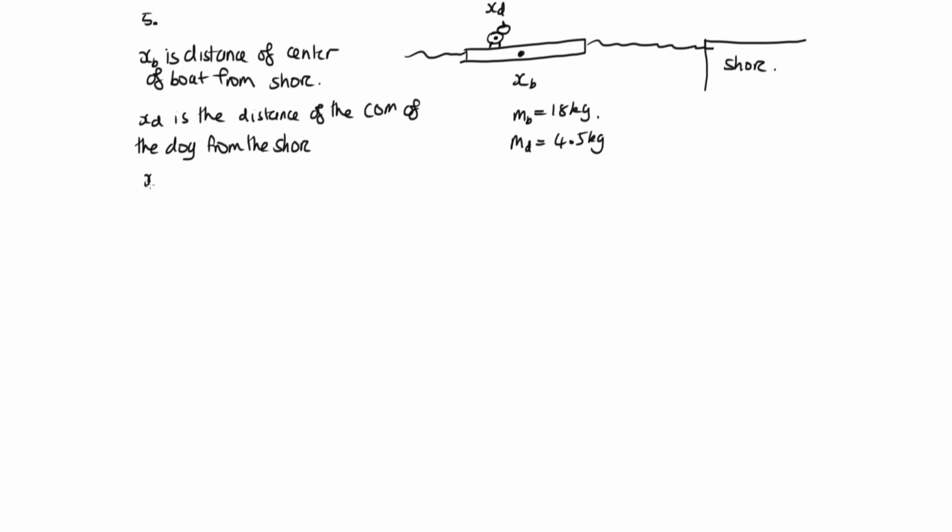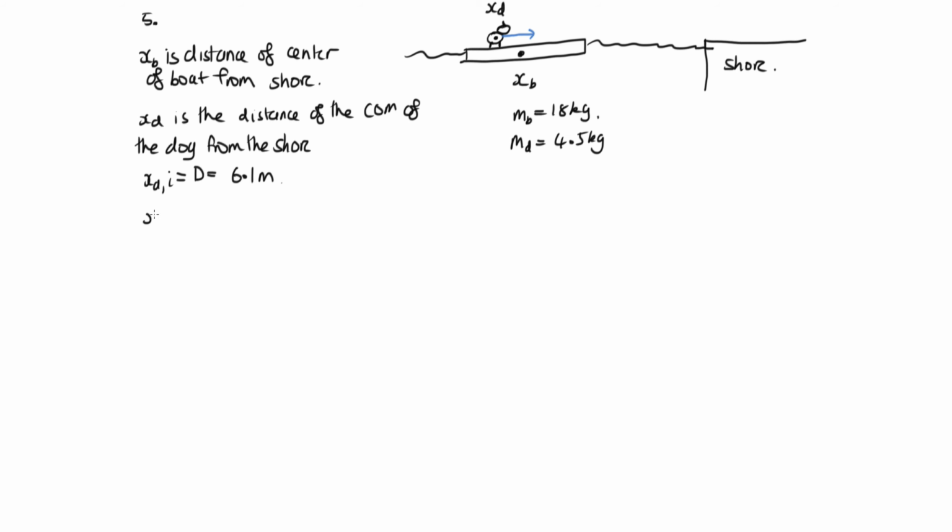So xd initial is equal to the d in the question, which is equal to 6.1 meters. And now the dog walks towards the shore this way along the boat.